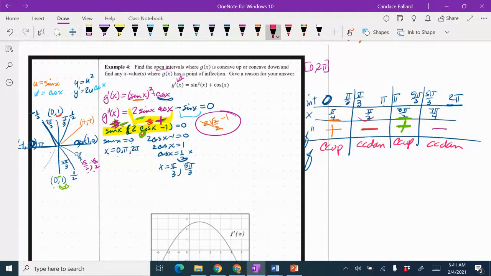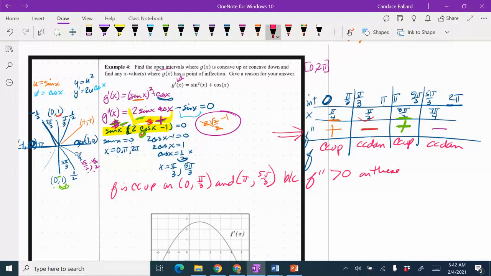So we are going to now write that out, and then we notice anytime we alternate signs, we've got points of inflection. So F is concave up on 0 to pi over 3 and pi to 5 pi over 3, because F double prime, remember this row is the reason, F double prime is greater than 0 on these intervals.